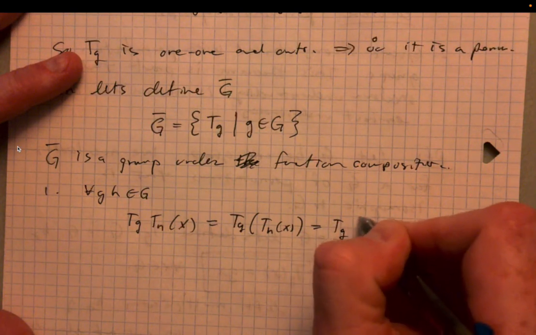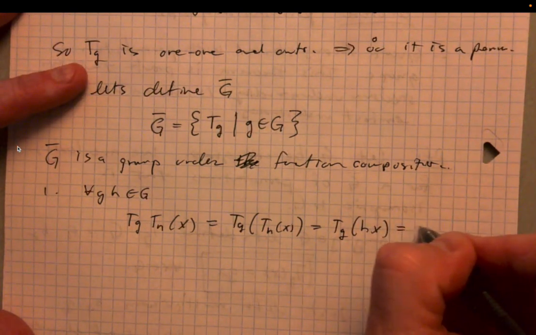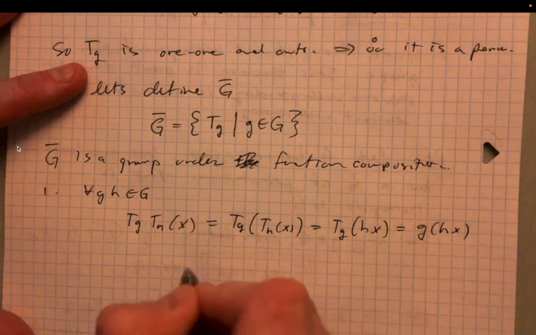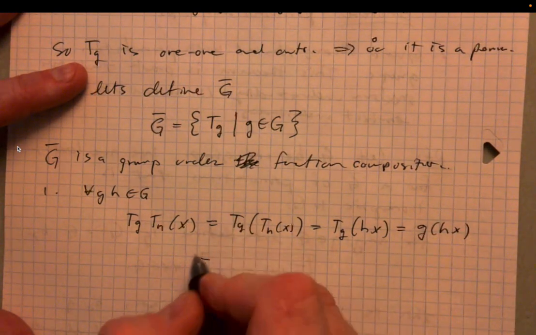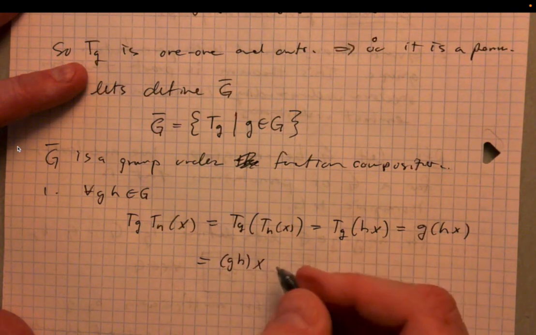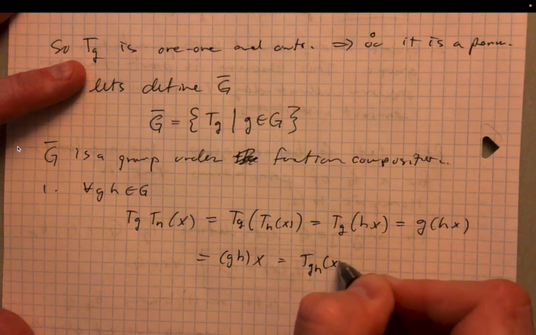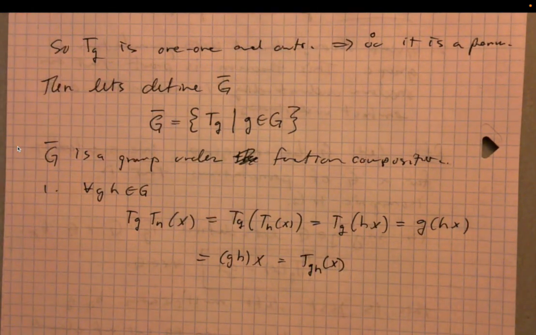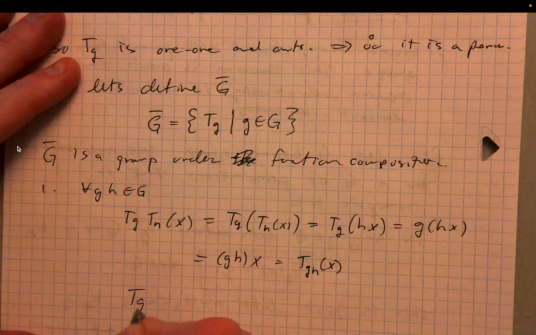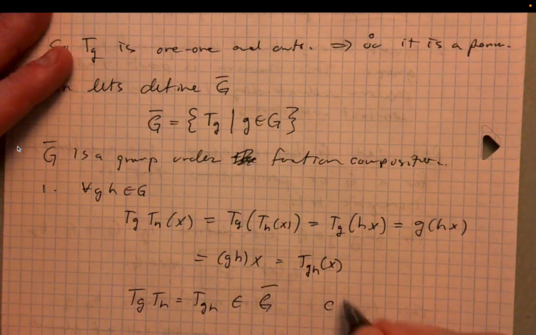So that's T sub g of h x, which means you've got g of h x. Then you can bring the g and h together, associate those, and this is equal to T sub gh of x. What does this show? This shows that T sub g times T sub h equals T sub gh, which is obviously in G bar. So you have closure here.